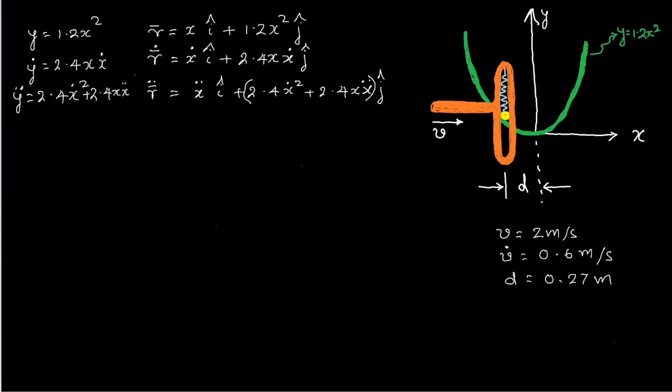So these are the two ways in which we can write this: as a position vector and its differentiation, and the other one is just the relationship between the y coordinate and the x coordinate.